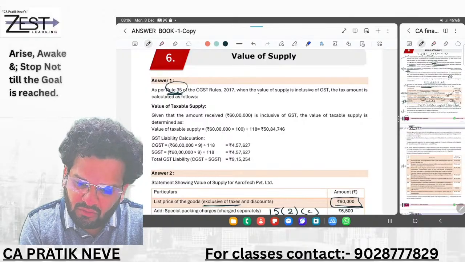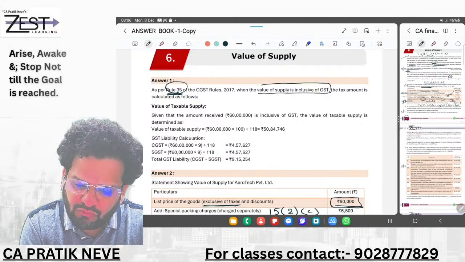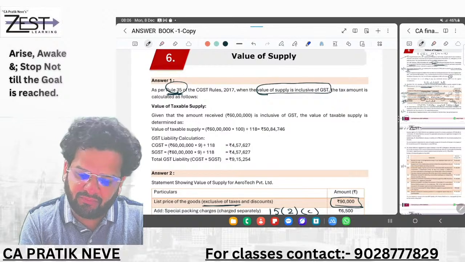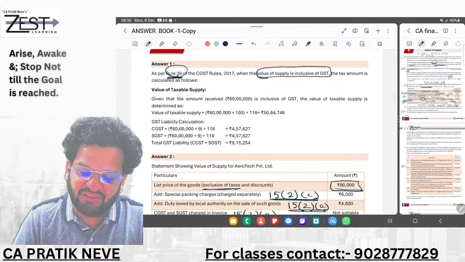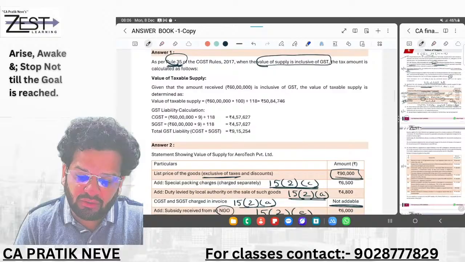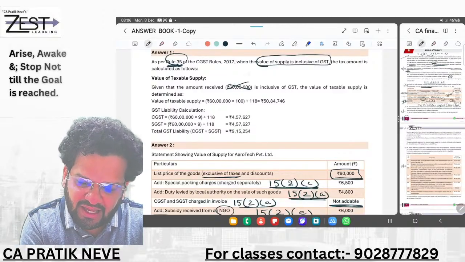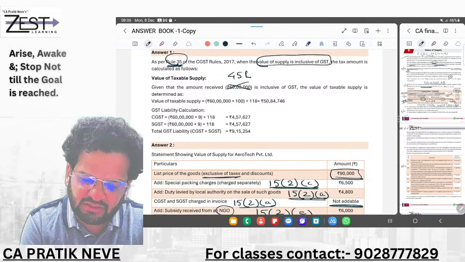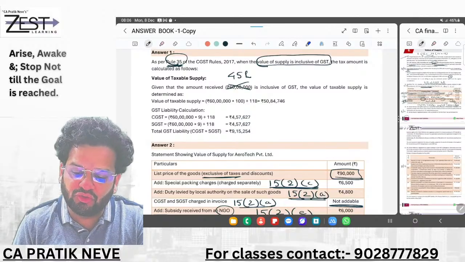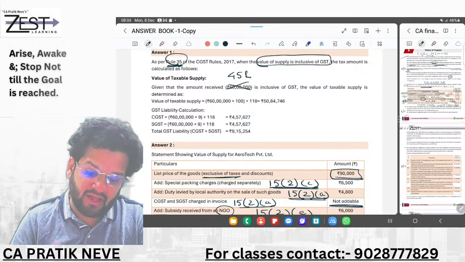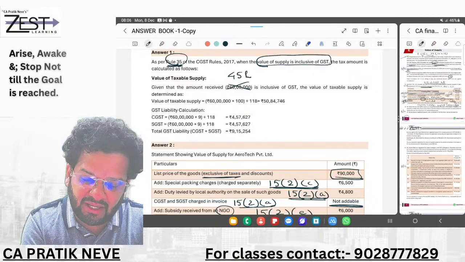Because when value of supply is inclusive of GST, then the calculation is done the way we did. Given that the amount received, so it's not 60 lakhs, amount received is 45 lakh, is inclusive of GST. The value of taxable supply is determined as under.